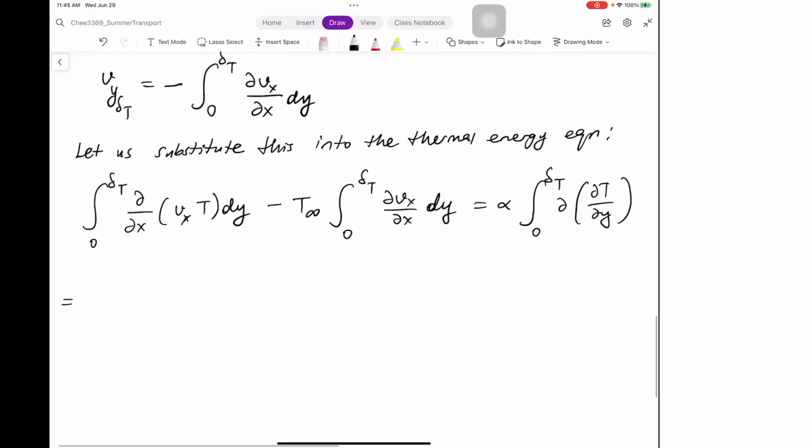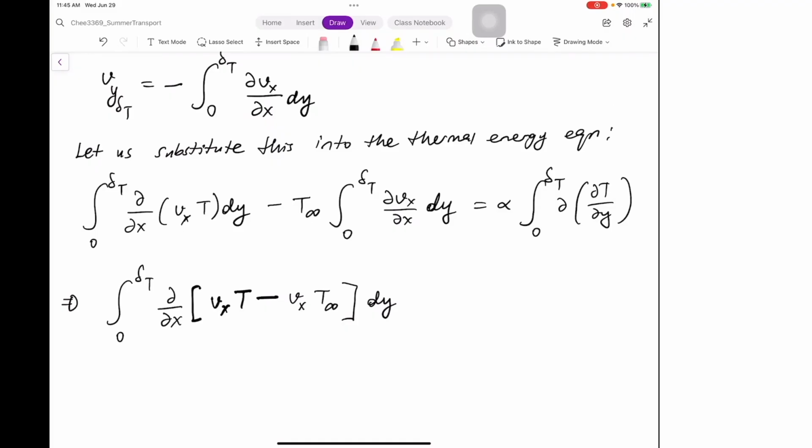So from here, we get integral 0 to delta t del over del x. So you have the same integral, the same del over del x, right? So you can combine them. Vx t minus Vx t infinity dy, because t infinity does not change with y, so you can take it inside.